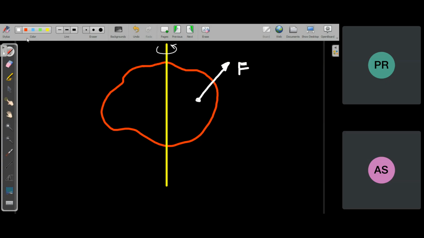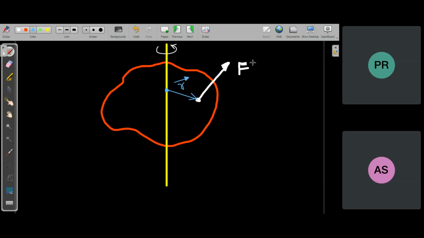about the axis. To calculate the torque about an axis, first of all, you select a single point on the axis, anywhere on the axis. So I am selecting a point on the axis here. And then from this point, I will draw an R vector. Now I have R vector and I have F vector.